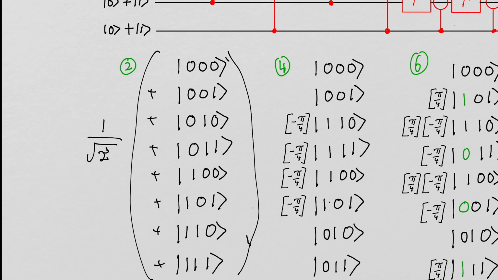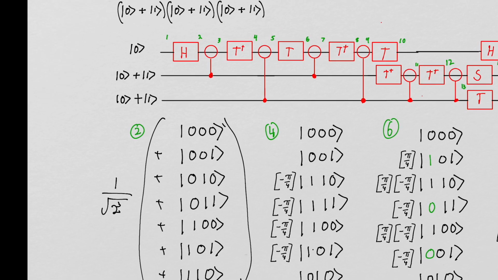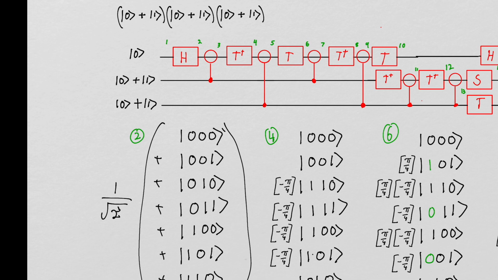And this is when people talk about, oh, quantum computers can work massively in parallel. This is exactly what they mean. They mean that this circuit is acting on all of the conceivable states of the quantum computer.